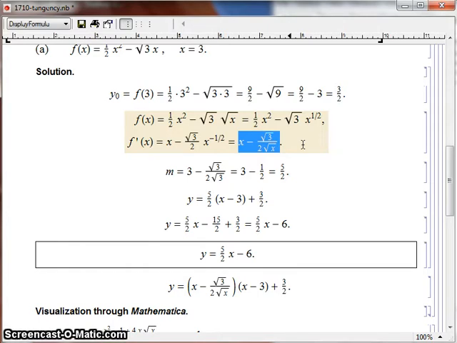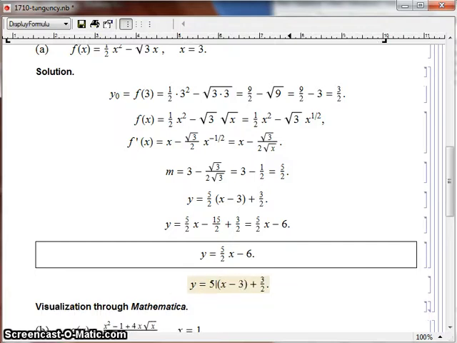For varying x values, it gives you a curve. So f prime of x is not the right choice for this part over here. What we need is m, the slope. So step 3 is absolutely necessary, and step 4 must be a lot simpler than this kind of thing we just had before.